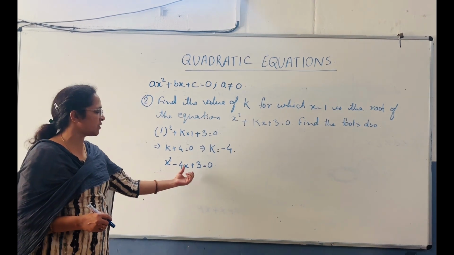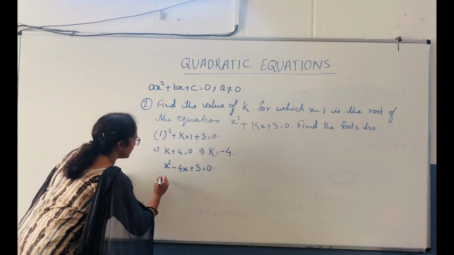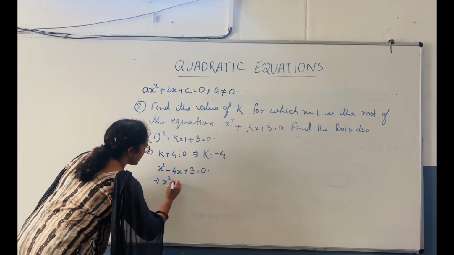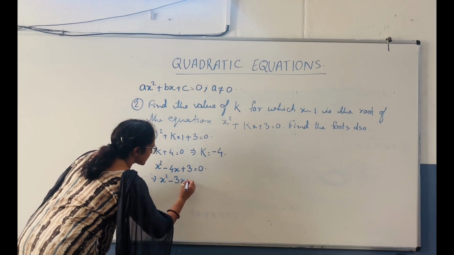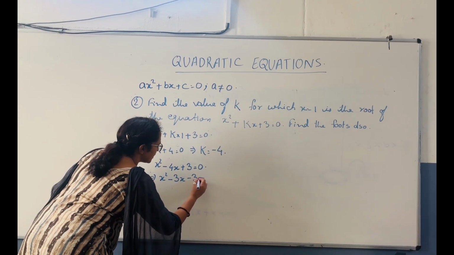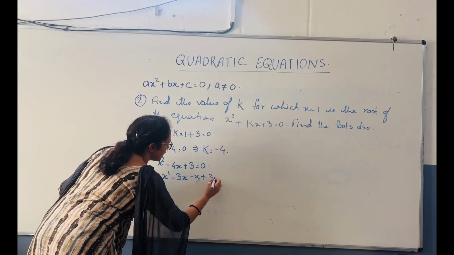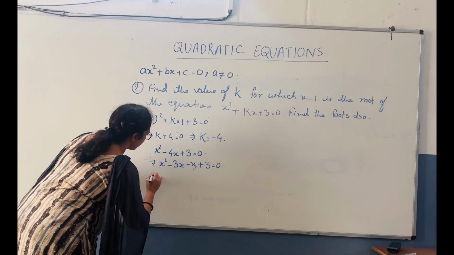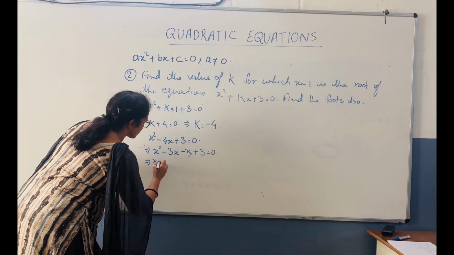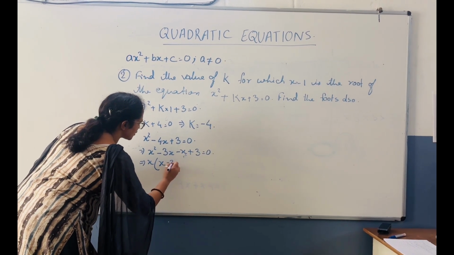From that method we will solve it. How to do it? x square minus 3x minus x plus 3 is equal to 0. Now we will take common. x will be taken as common: x minus 3.